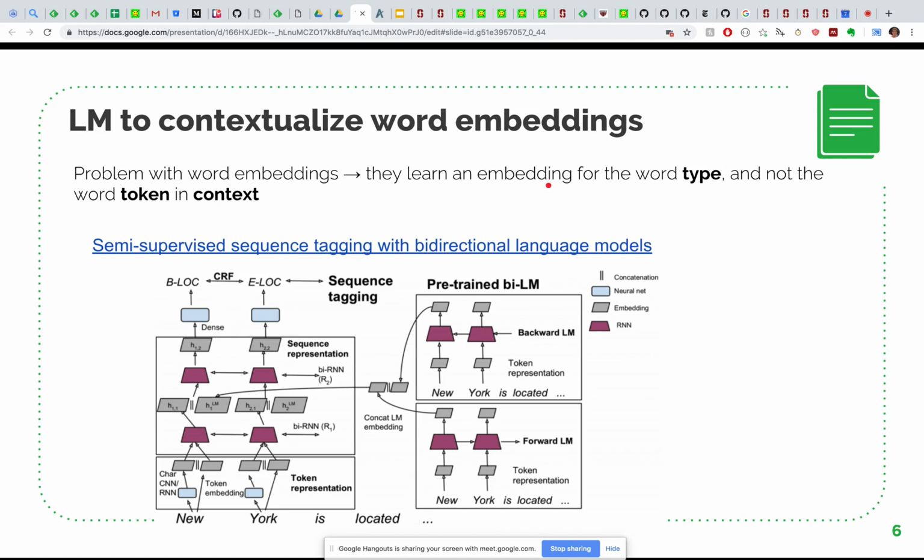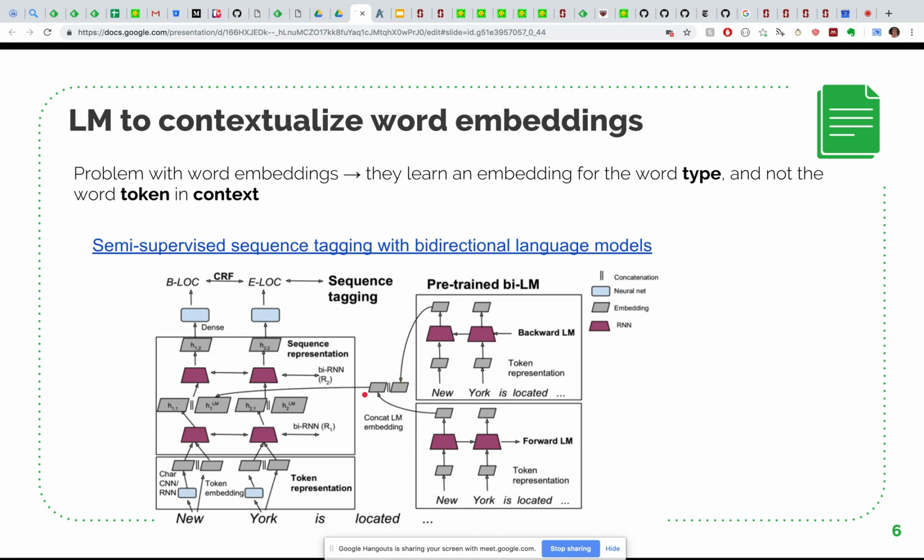So instead of just using their dataset for named entity recognition, they used huge datasets to train language models: one forward language model and one backward language model. It just changes the direction we learn on. And when you concatenate these two vectors, you actually get a representation of the word in context.